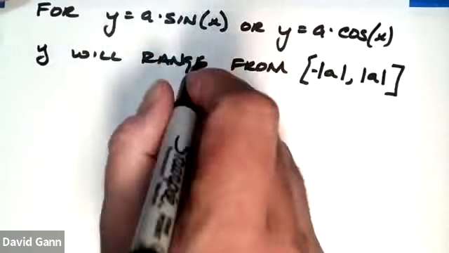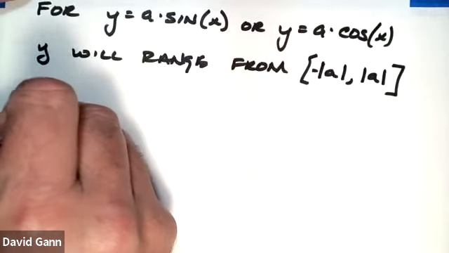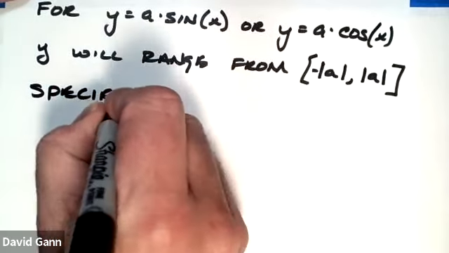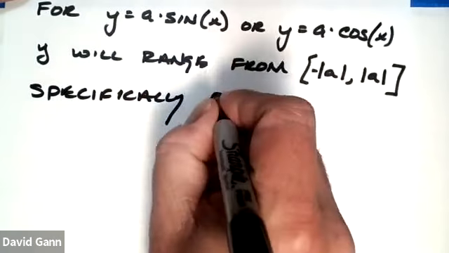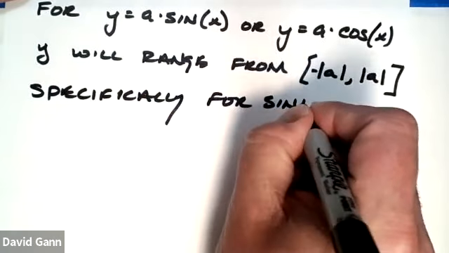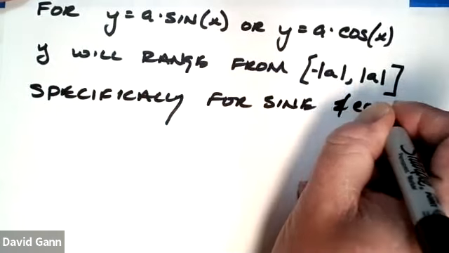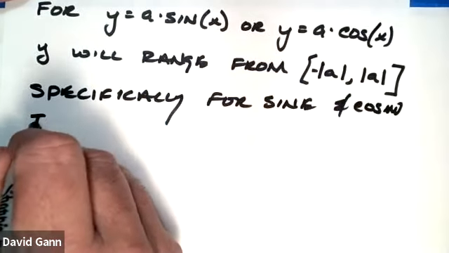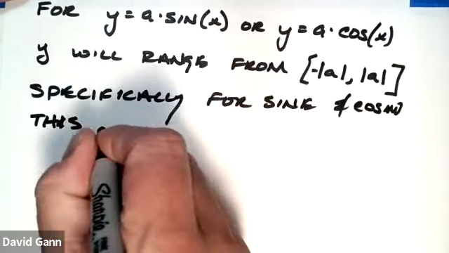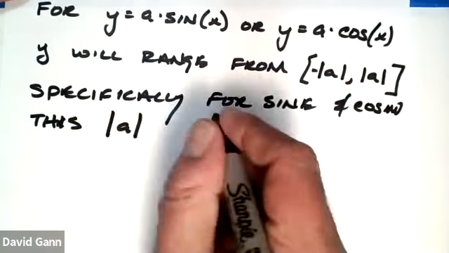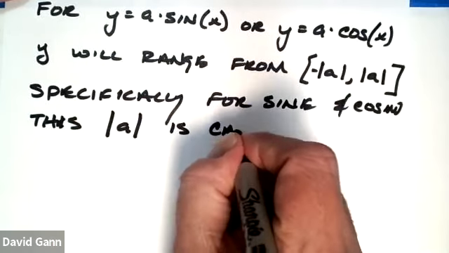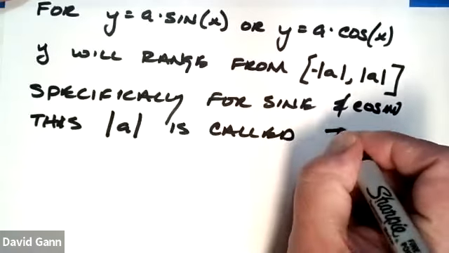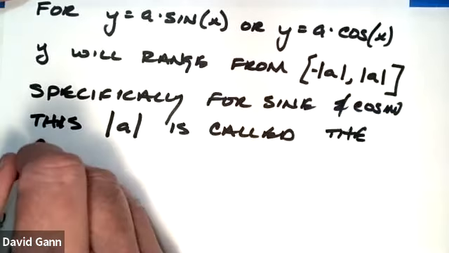Now, specifically for sine and cosine, this a value, or actually the absolute value of a, is called the amplitude.